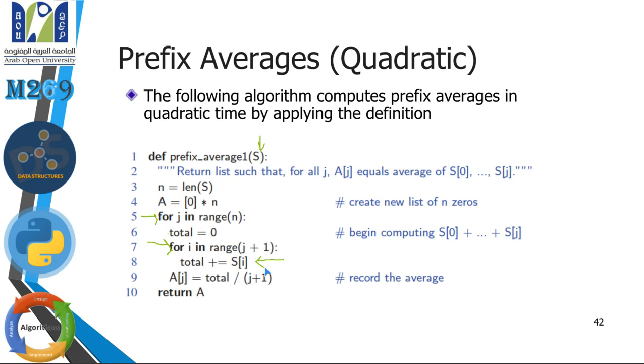Okay? How many times are we going to loop through this line? And this line also. This line and this line.